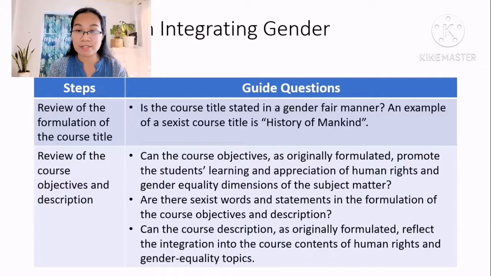Sa language subjects, pwede rin po nating ipasok ang gender fair language. Sa science subjects, we can also look into the roles of female scientists. So, pwede po natin siyang i-add. So, let's take a look at our syllabus or our course, and then we look into how we can integrate gender topics or gender course in our subject.